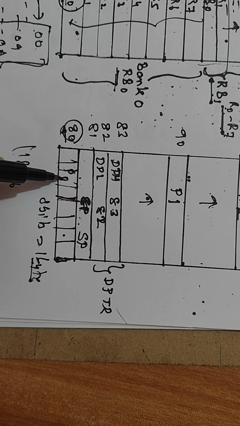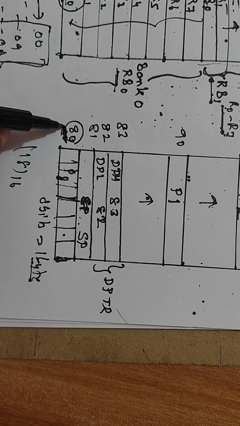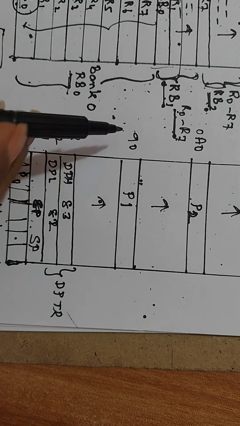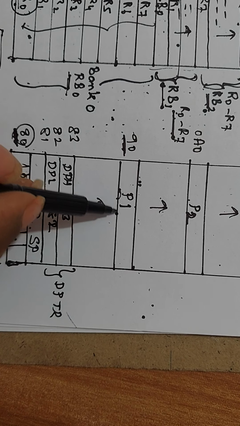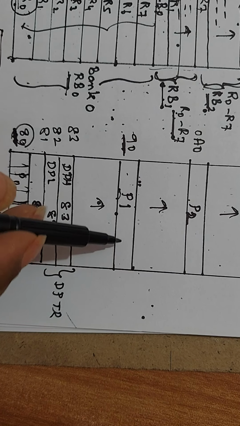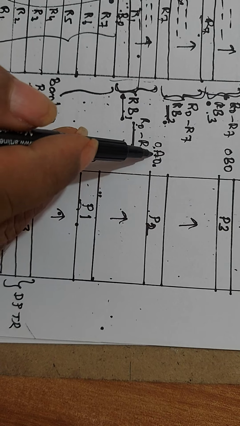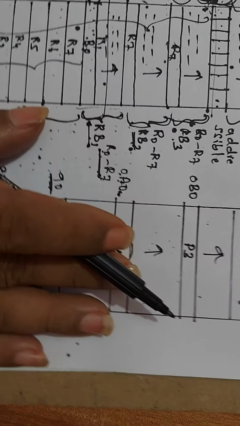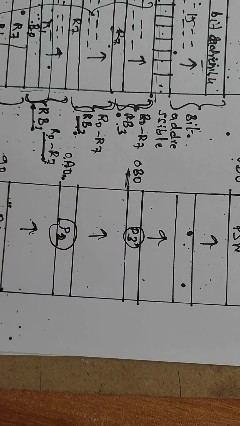Instead of mentioning port 0, you can mention 80, because 80 is the byte address of port 0. Similarly, 90 is the byte address of port P1. Port P1 can accommodate 8 bits, therefore it can store 1 byte. Similarly, A0 is the byte address of port P2 and B0 is the byte address of port P3.